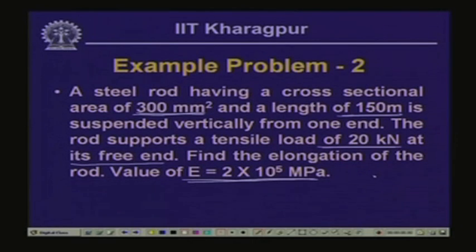So, it is like you have a bar of length 150 meter and it is supported at one end, it is hung from the top, and at this free end this bar is subjected to a load of 20 kilonewton. The length is 150 meter.